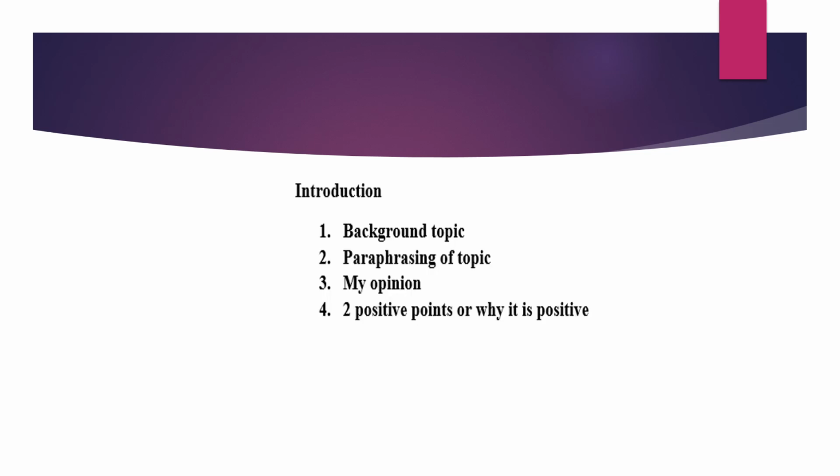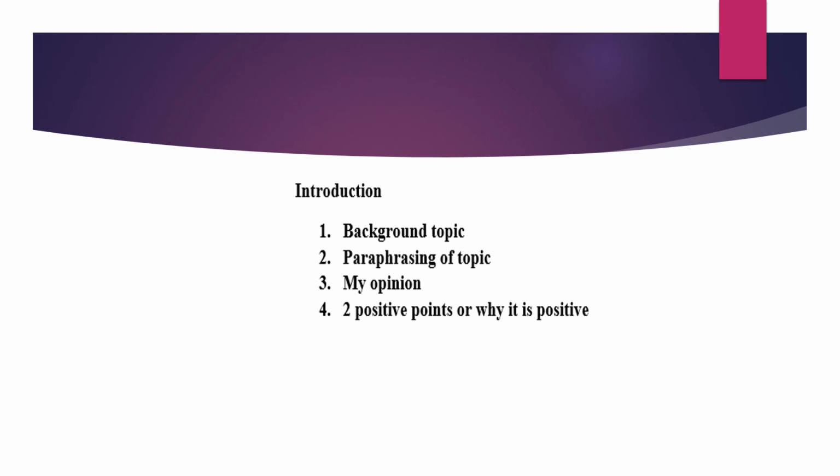So the format for this type of essay is, in the introduction you need to mention the background topic and paraphrase the topic, which means you have to translate the question. Then you need to mention your opinion and two positive points on why it is positive. If you are selecting a positive development, you need to mention the positive points.